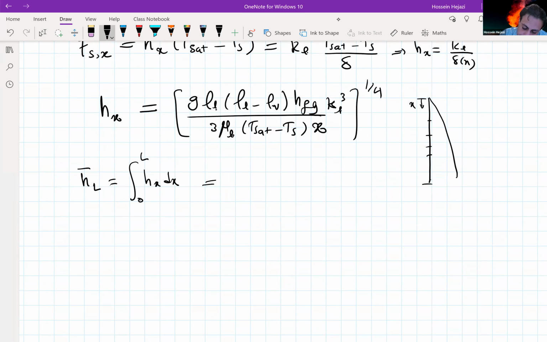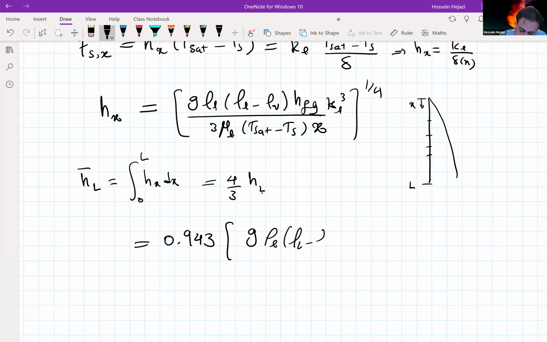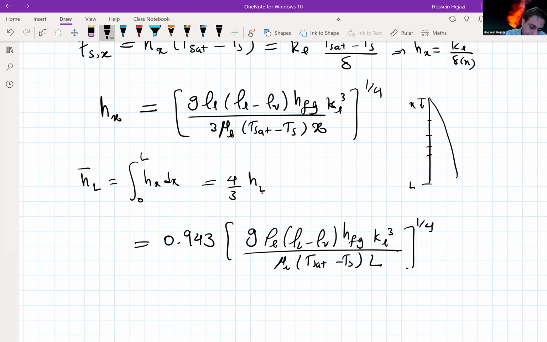So at the end of the plate, let's say this is L, it is going to be 4 over 3 of h of L. So if I do the replacement and do the math here, I'm going to get 0.943 [g rho L (rho L minus rho V) h_fg k_L cubed divided by mu L (T_sat minus T_s) L] to the power of 1 over 4.